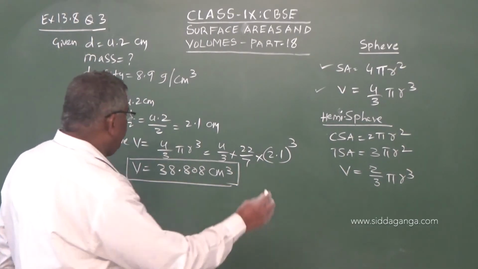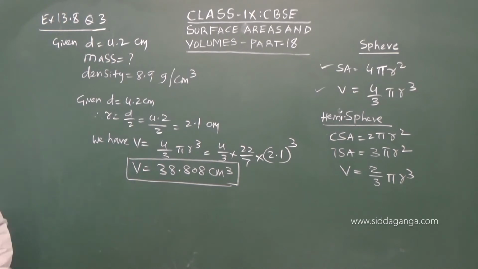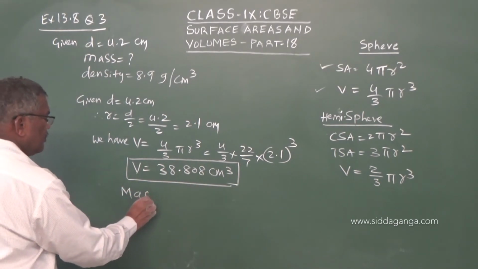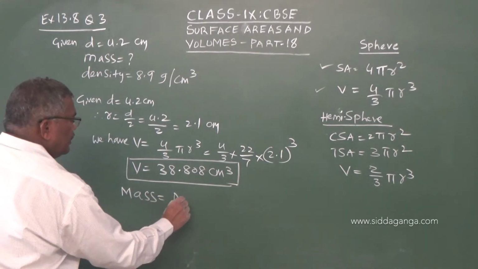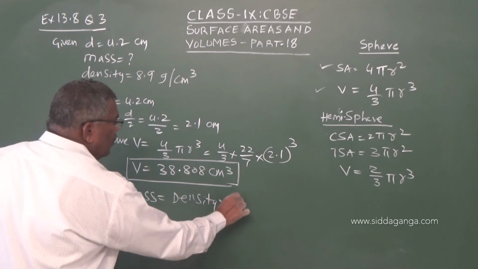So mass is given by mass equals density into volume.